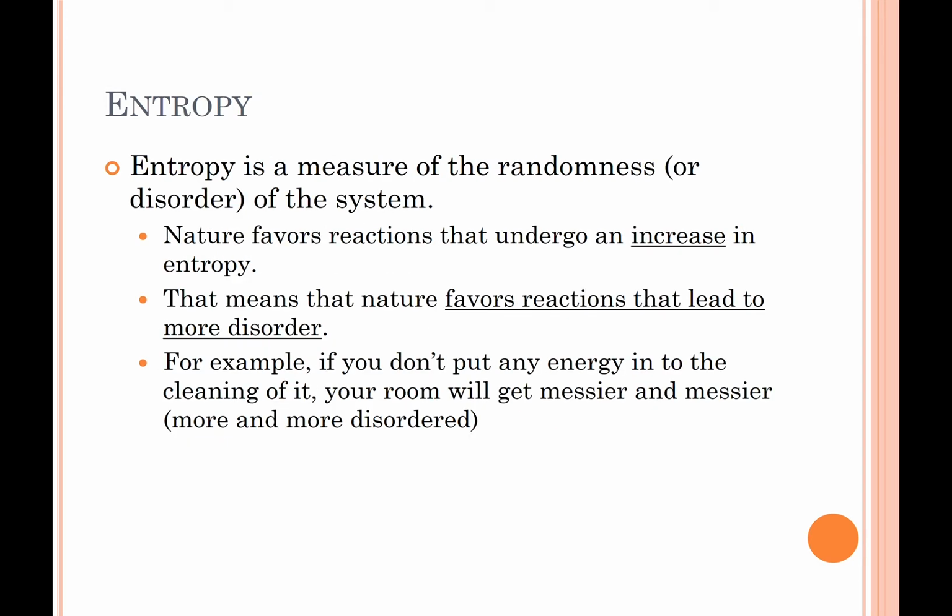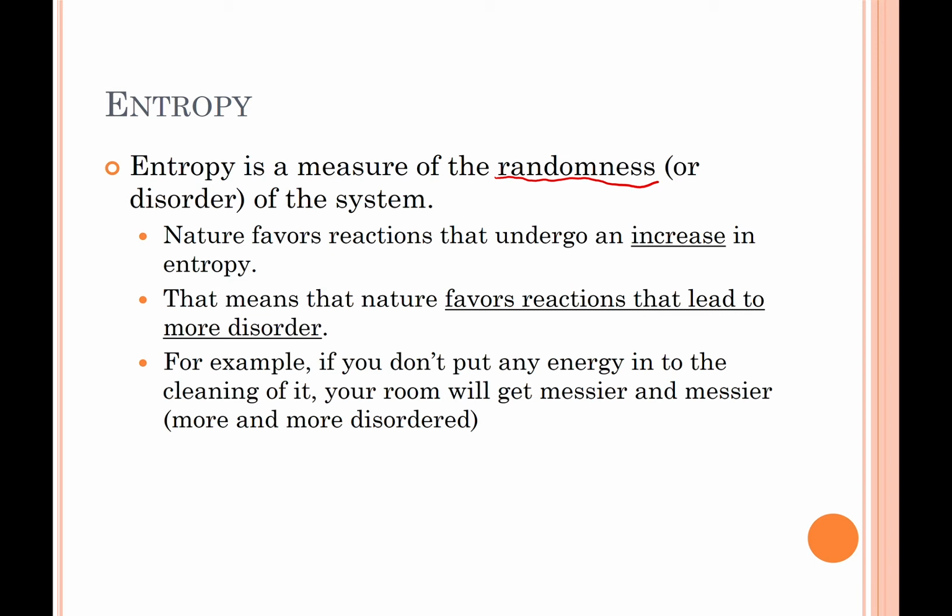Now, to really determine if a reaction is spontaneous or not, we have to look at another factor called entropy. And entropy is a measure of randomness or disorder of the system. This is what I like to refer to it as, randomness. It is chaos, disorder.